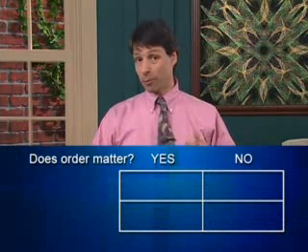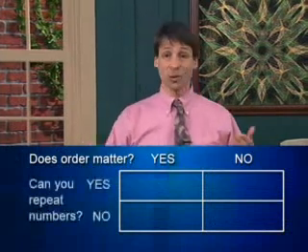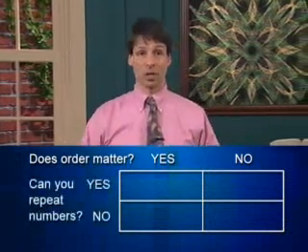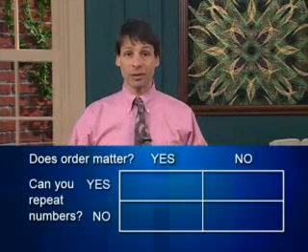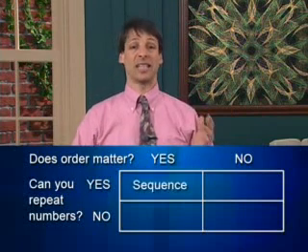Now, there are a lot of different ways to answer that question depending on 2 missing pieces of information. Does order matter? And can you repeat numbers? So if order matters and repetition is allowed, then we call that a sequence.